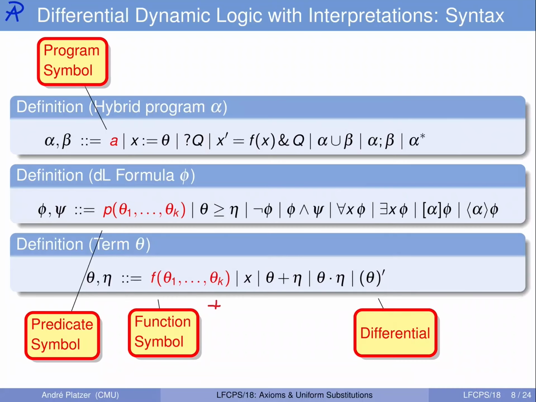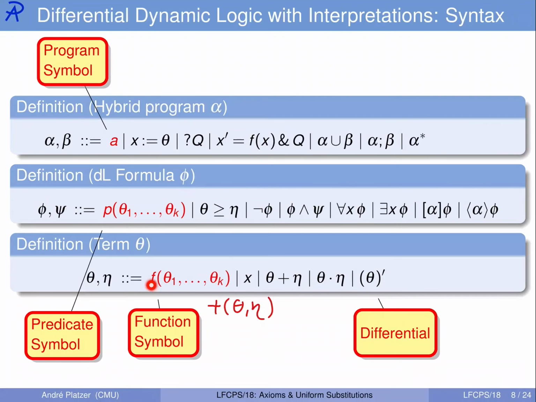You could say plus of theta eta is the notation that you're avoiding here by going infix, but the point is also that plus and multiplication, for that matter, are sort of also like function symbols, except they have very fixed interpretation. This is always addition on real numbers, and this is always multiplication of real numbers. The meaning of another function symbol f, well, that kind of depends.